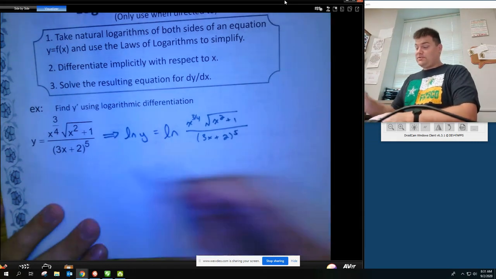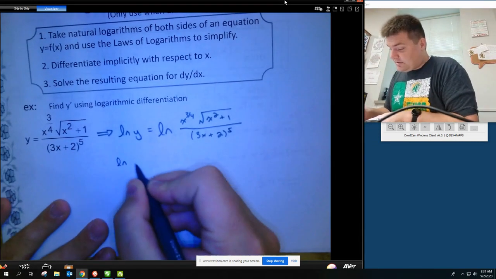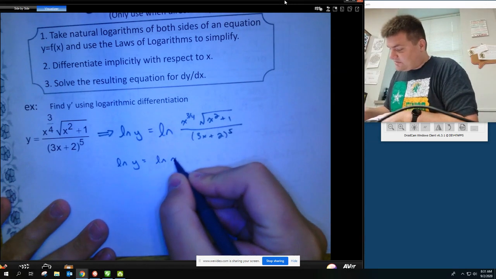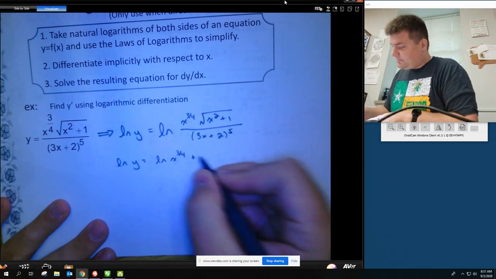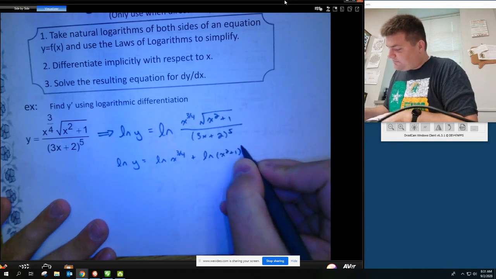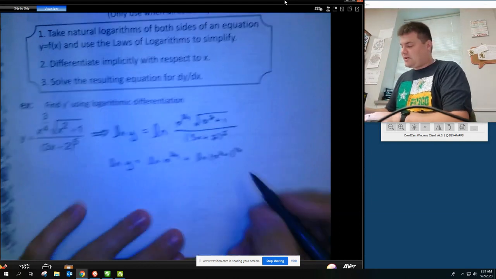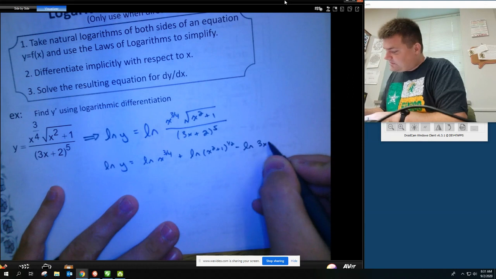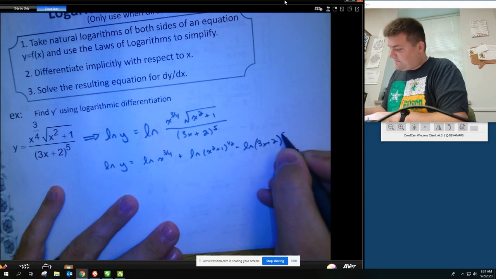So now before I take the derivative of anything, I'm going to just clean this up a little bit. So I'm going to get ln of x to the 3/4 plus ln of, I'm going to write that as x squared plus 1 to the 1/2 because I'm going to end up doing that anyway. I might as well do that now. Minus ln of 3x plus 2 to the 5th.